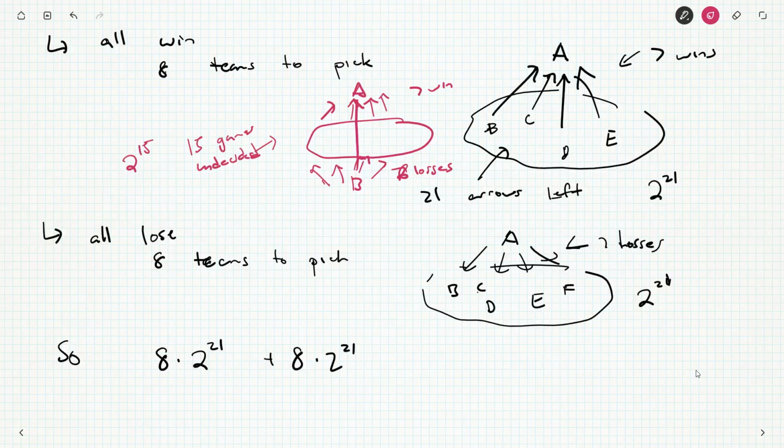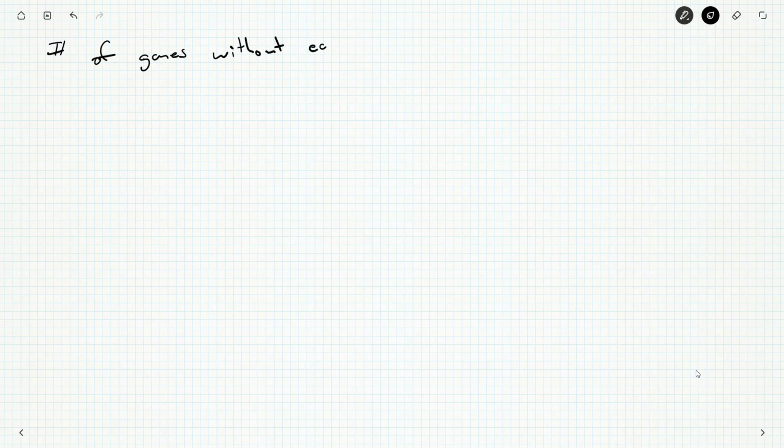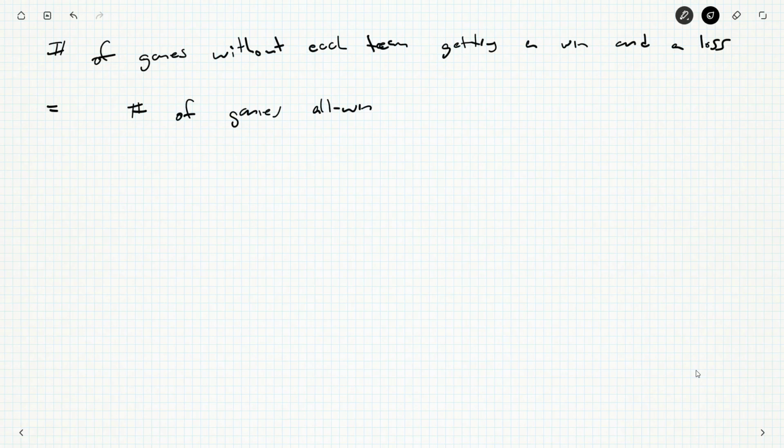But this is an overlap between these two. So if we want the number of games without each team getting a win and a loss, that's going to be the number of games with somebody who wins everything, plus the number of games with someone who loses everything.